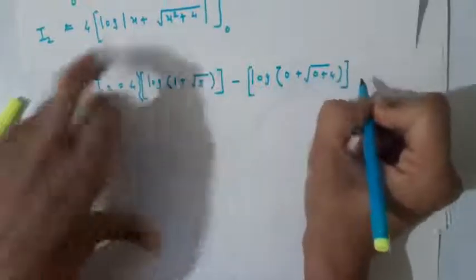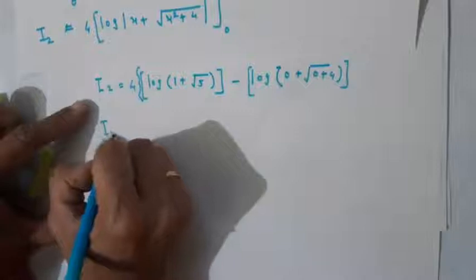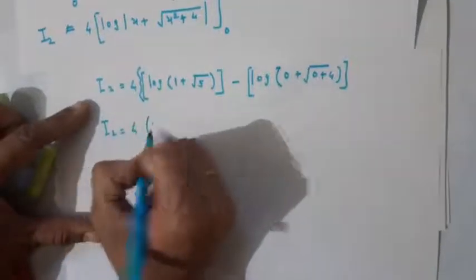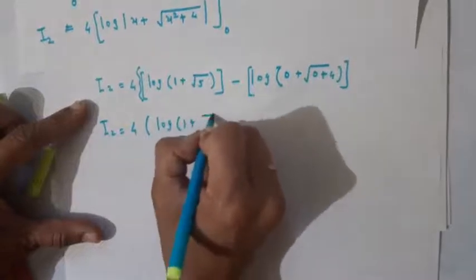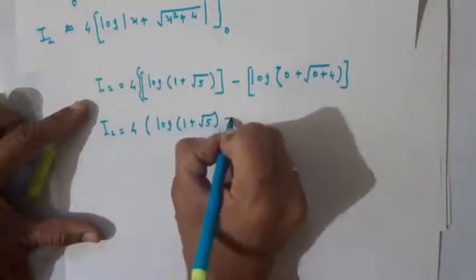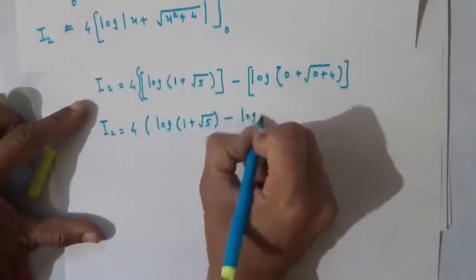And this is equal to I2 equals 4 into log of 1 plus root 5 minus log of 2.